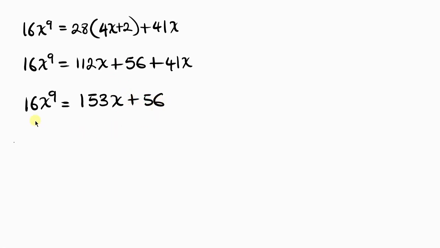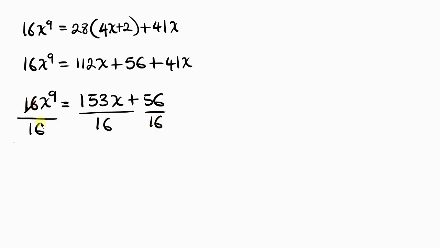Now remember, we're looking for x to the 9. That means I'm going to be dividing through by 16. So I'll divide the left hand side by 16, divide this by 16, divide this by 16.